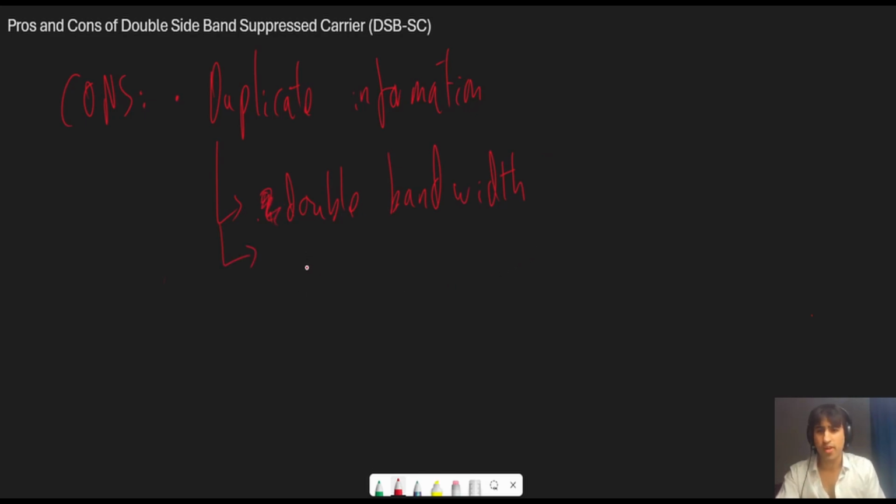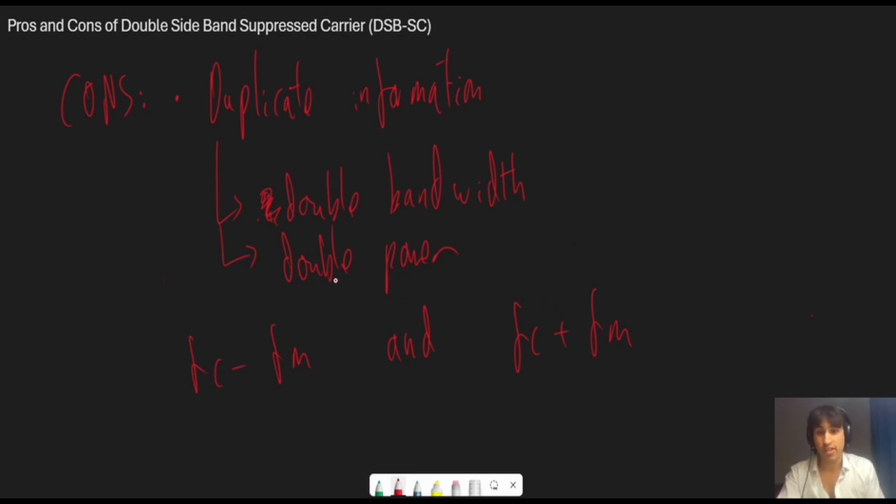Okay, so another problem is you actually use more power because you have to use power for both sidebands. So double power. Because remember, you need power to give to FC minus FM band and FC plus FM. They both require equal amounts of power just for duplicate information. So you're spending more power just for the same information to be sent through the antenna.